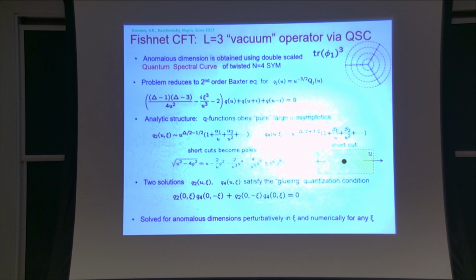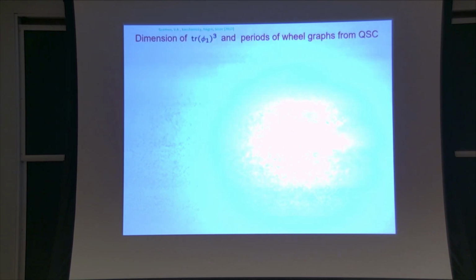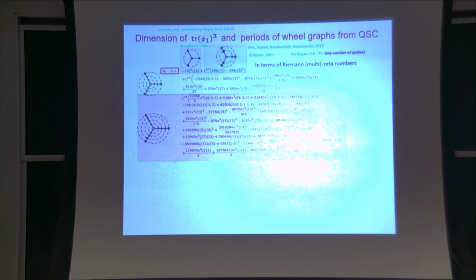Gluing conditions become something like this for two solutions of this equation. And at the end we extracted information about these planar graphs, for example this 12th order of the wheel with 3 spokes, and also some numerics, which is of course very precise.